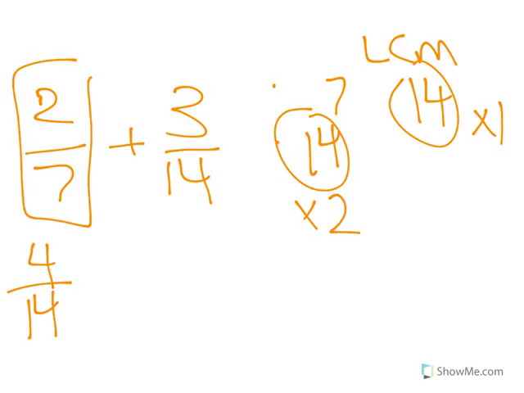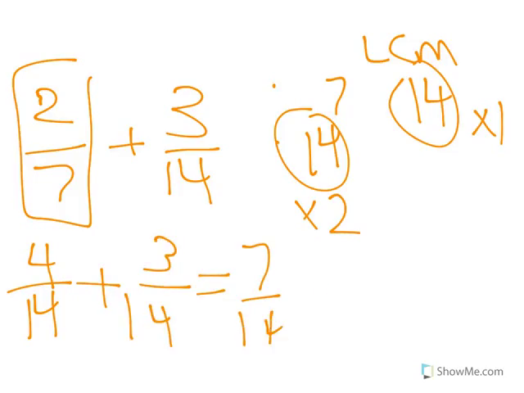And so that's going to be 4 14ths plus, and then I'm already at 14ths for the other one. So it's going to be 7 14ths, which then simplifies because 7 goes into both those. It's going to be 1 over 2. So hopefully this makes sense, and if not, then we'll continue to work on it.